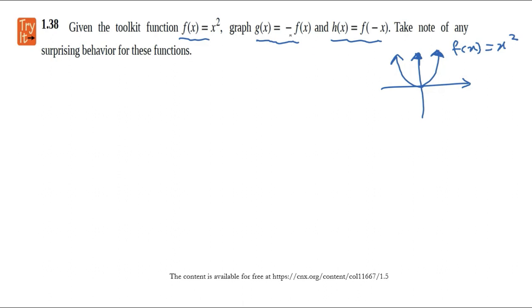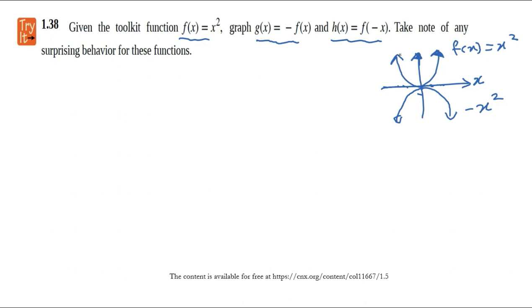G of x is negative f of x, so that's a reflection. That means x is not changing, outputs are changing, so it will be like this. This is minus x squared, reflection across x-axis.